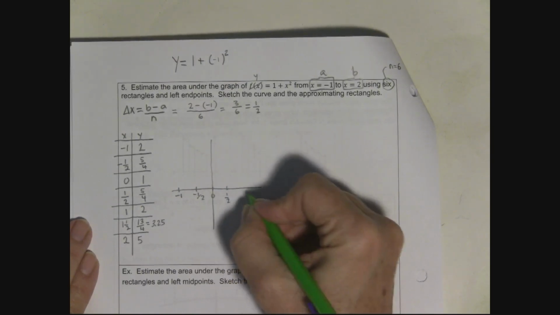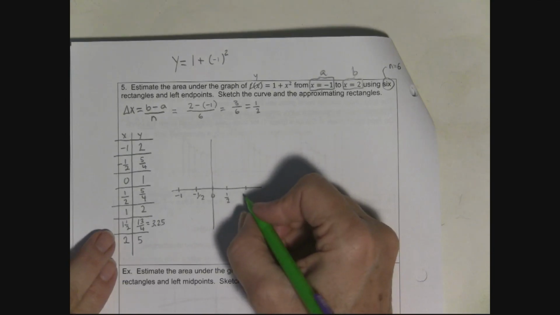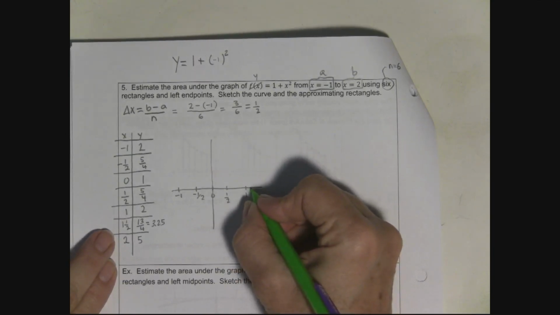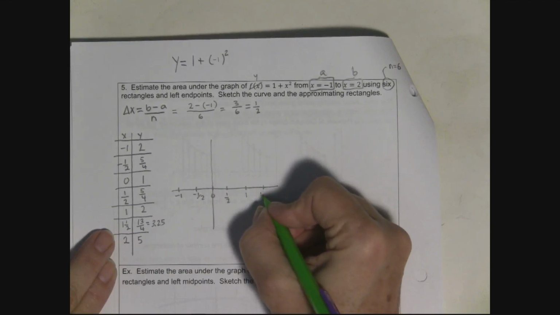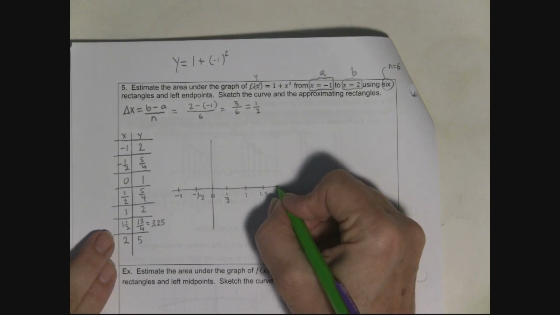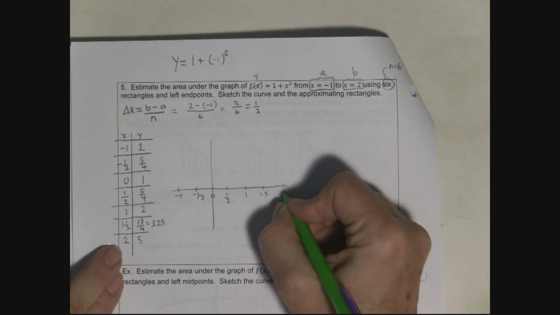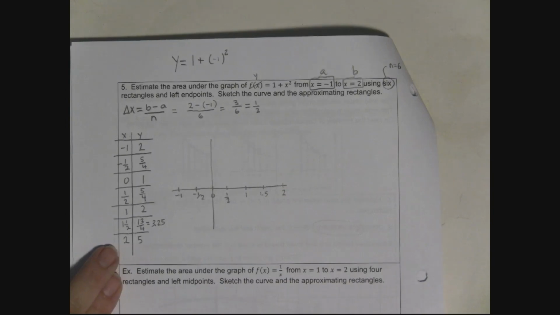To the best of my ability, I'm drawing these equally sized. You don't have to be perfect. I'm going to label that one 1.5 and 2. So to the best of my ability, I drew on my x-axis a half width there, and then a height of 2. Remember, I was going up to a height of 5.